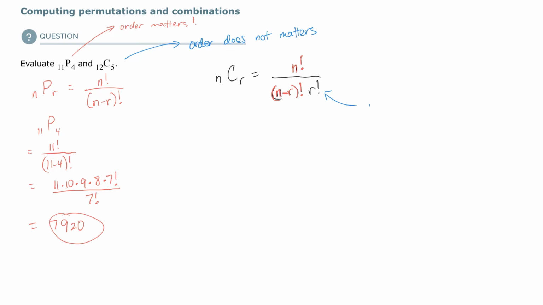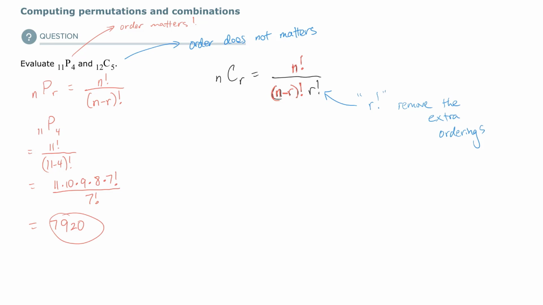So this r factorial is saying we want to remove the extra orderings, and the way we do that is we divide by r factorial. If you look at this carefully, notice that it looks very similar to permutations, but this takes into account that we want to remove all the extra orderings because order doesn't matter.